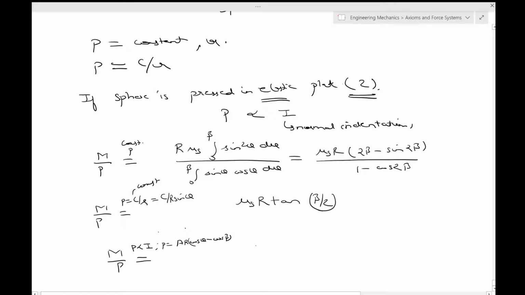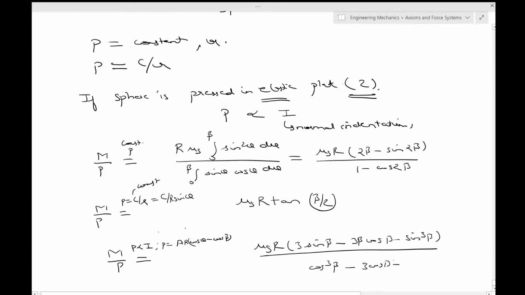So M by P is equal to mu S R by 3 sine beta minus 3 beta cos beta minus sine cube beta, over cos cube beta minus 3 cos beta plus 2. So this is something you should verify, all three equations.